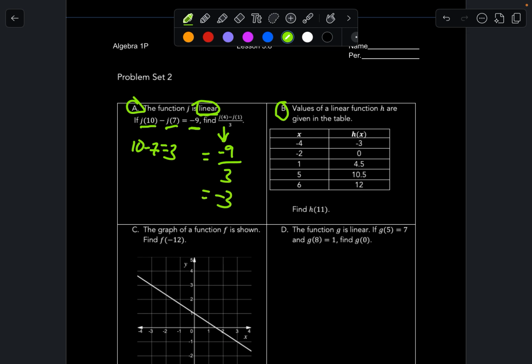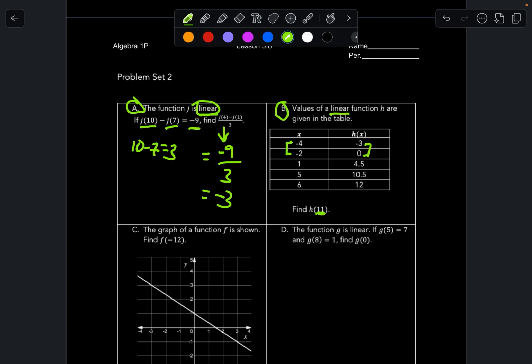Okay? Values of a linear function h are given in the table. And they give you all these values. And then they say, find h evaluated at 11. So the quickest way is to find the rate of change, the slope of this. So we're going to do these two, because they did say it's a linear function.